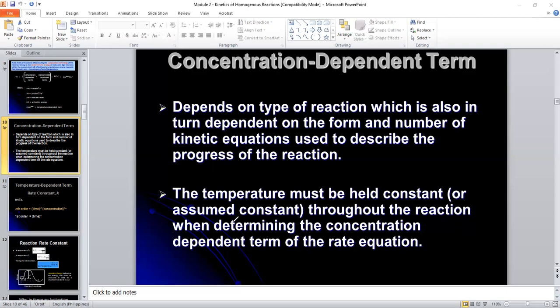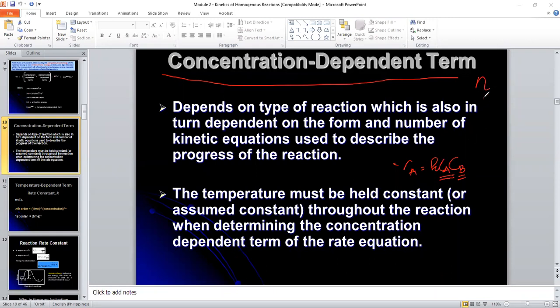So it is assumed to be constant throughout the reaction when determining the concentration-dependent term of the rate equation. The concentration-dependent term is greatly dependent on the n, because we know what appears in our rate: it's always the concentration of a reacting species or species, in this case, which I have written because there are 2 already.